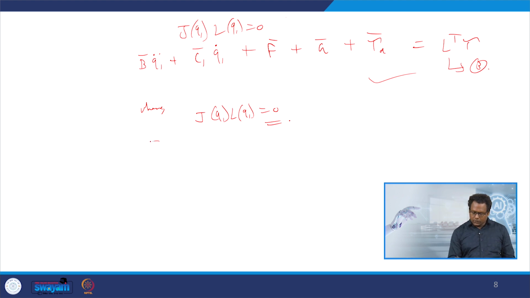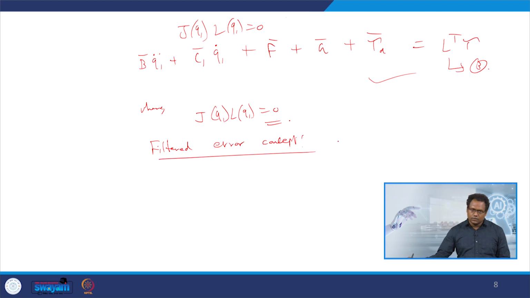Now, let us get into the filtered error concept, because we are going to derive or design the neural network based hybrid position force controller using the filtered error based approximation approach. So, let us talk about the filtered error concept.